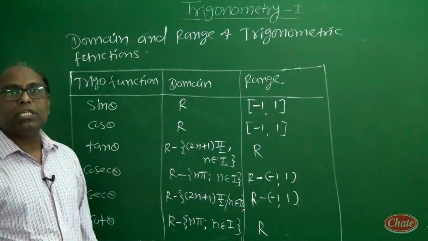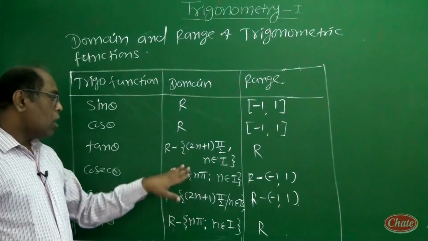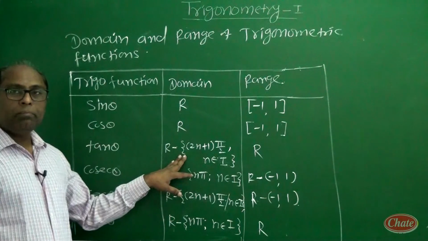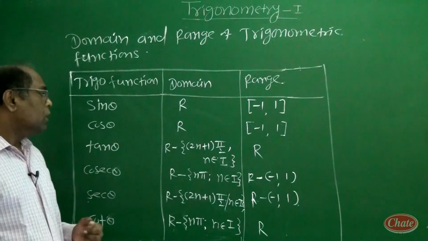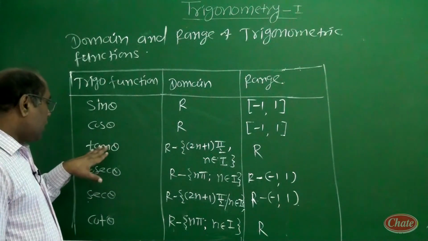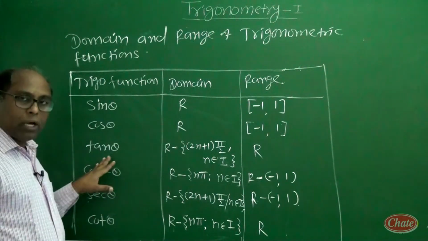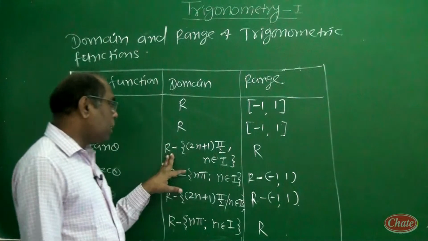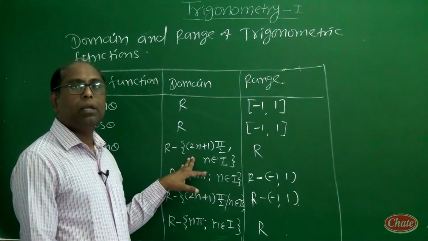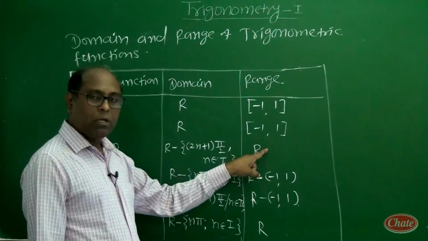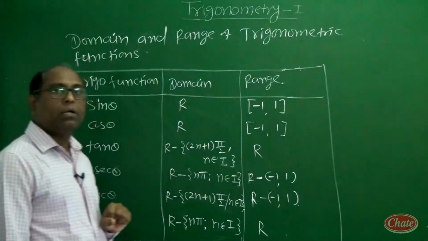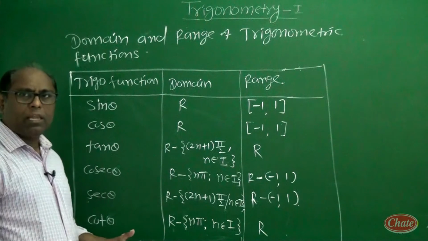So the tan function is not defined for odd multiples of pi by 2, meaning pi by 2, 3 pi by 2, 5 pi by 2. Therefore the domain of tan theta is R minus odd multiples of pi by 2, and its range is the set of real numbers. The value of tan theta is any real number.